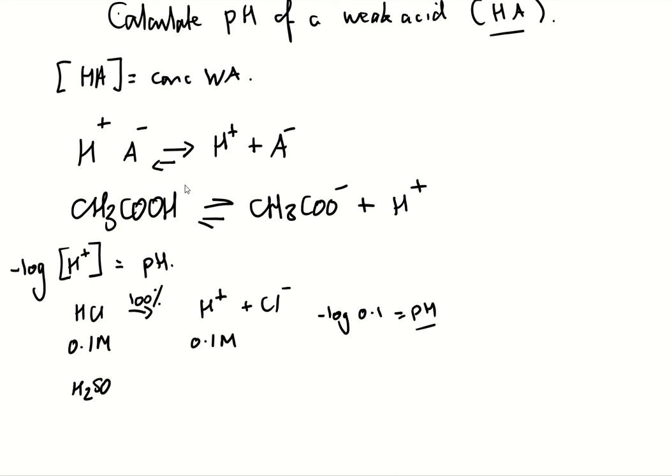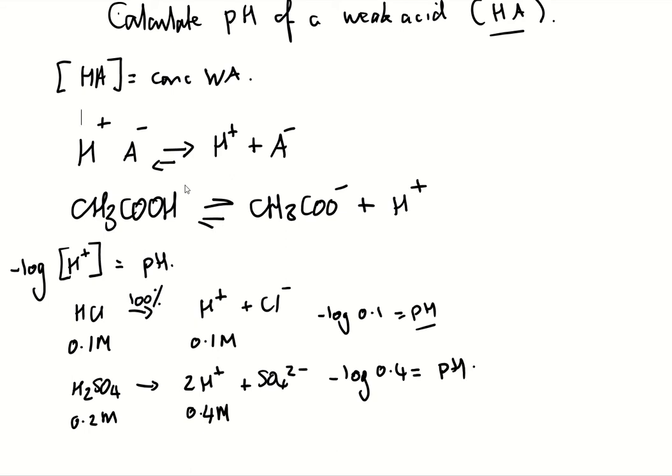If I had a diprotic acid, sulfuric acid, for example, which we would use frequently, it gives 2 protons per mole of the sulfuric acid. So if I had 0.2 molar sulfuric acid, I would have 0.4 mole per decimeter cubed of hydrogen ions. So this time it would just be minus the log of 0.4 to give me the pH.